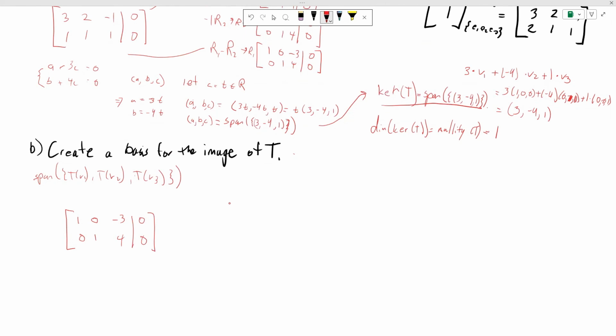And this here, we also set up using a T v1 plus b T v2 plus c T v3. And we can see that c is the free variable.